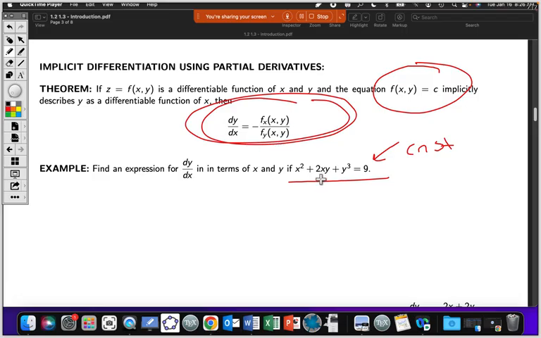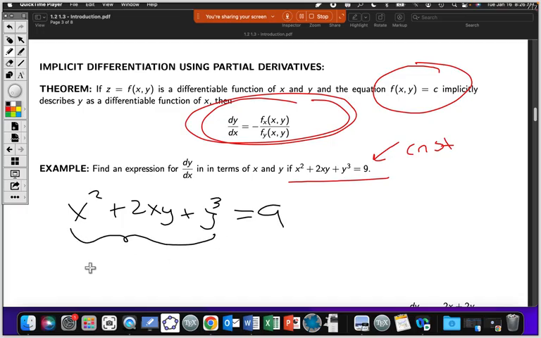So for example, if you look at this curve we've got here, x squared plus 2xy plus y cubed equal 9, you can view the left-hand side of this equation as a function of x and y. And in Calc 3, the graph of this function ends up being a surface in space.